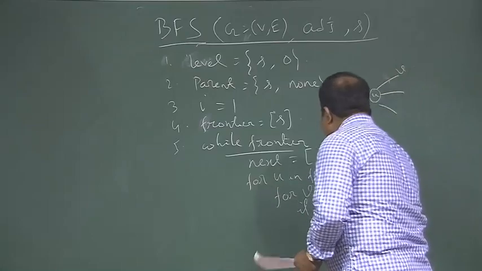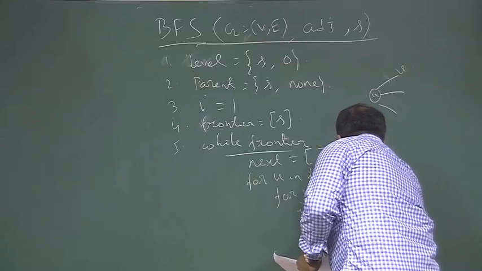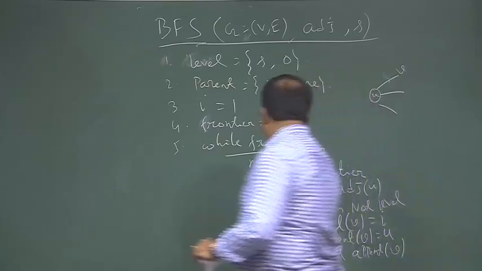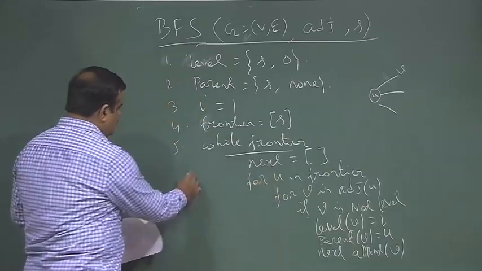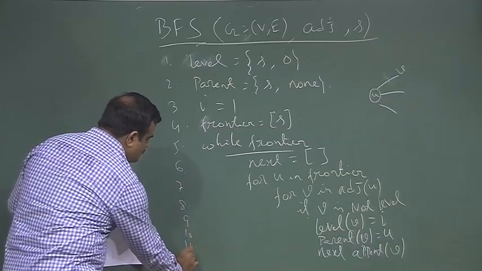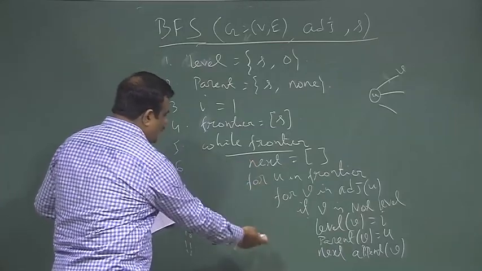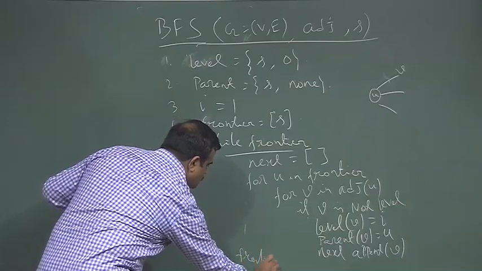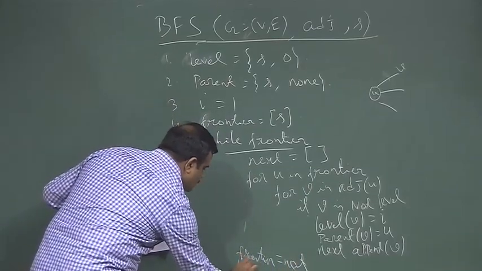We have to append this v to next, for the next level vertices. After this, the frontier will be next, and i is incremented, i plus plus.